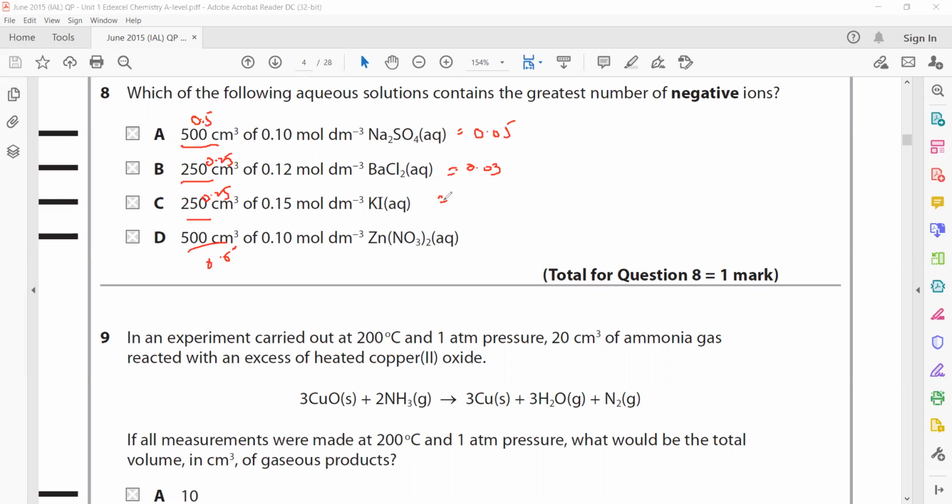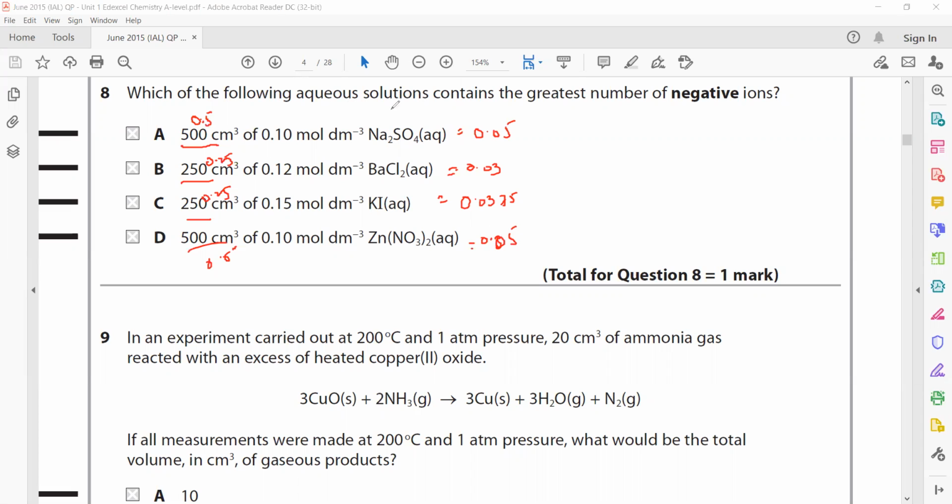Then 0.25 multiplied by 0.15, that is equal to 0.0375. And the last one, 0.5 multiplied by 0.1, which is equal to 0.05.